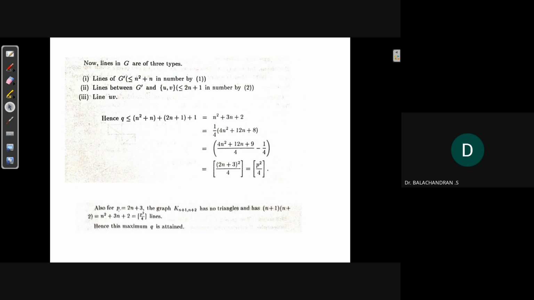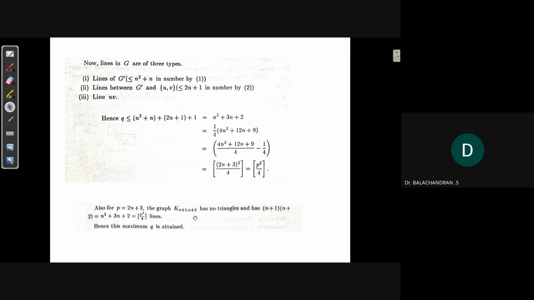So for example, in our graph p equal to 2n plus 3. So take the complete bipartite graph K n plus 1 comma n plus 2. What is the total number of vertices? 2n plus 3. It has no triangles because a complete bipartite graph does not have any triangles.